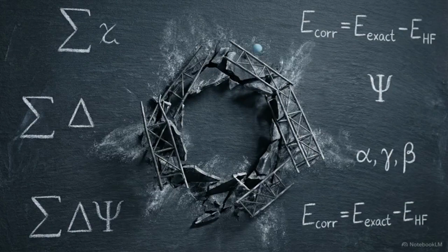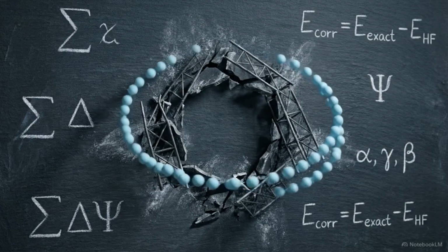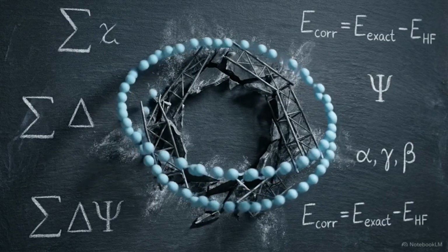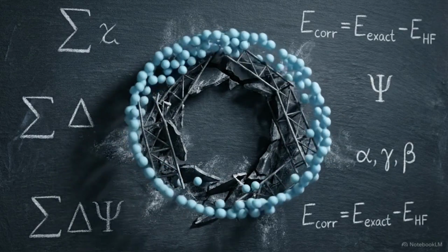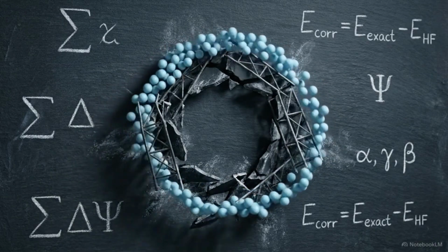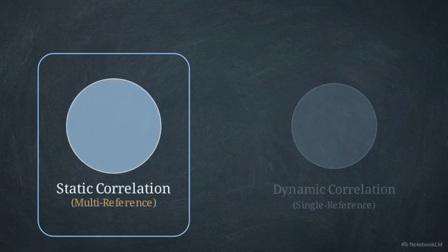Because simple linear mixtures either break our computers through combinatorial explosion or break physics through size inconsistency, quantum chemistry requires entirely different mathematical architectures. We must split the toolset. First, we need an architecture dedicated exclusively to strong static correlation, where a single Hartree-Fock starting point is completely wrong.